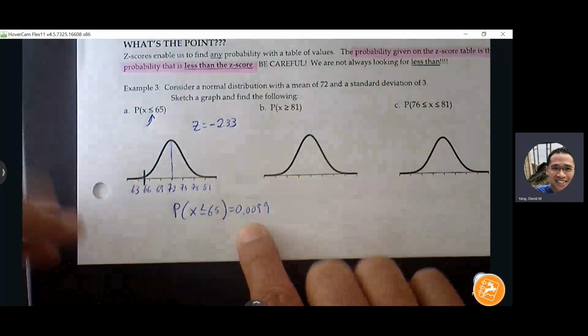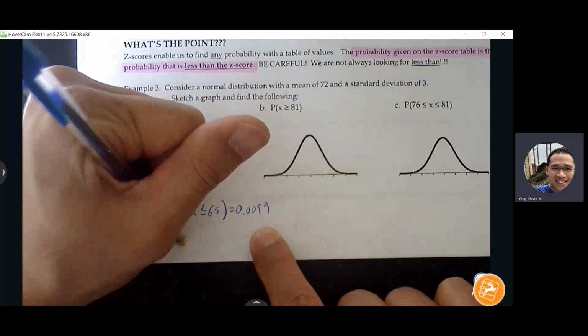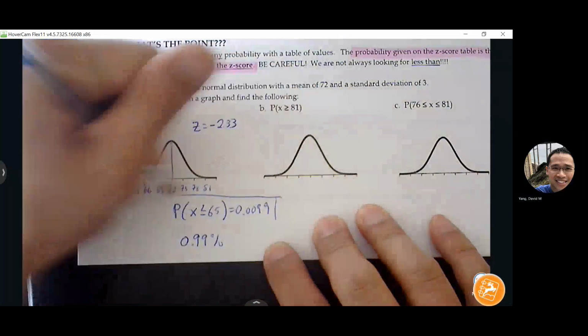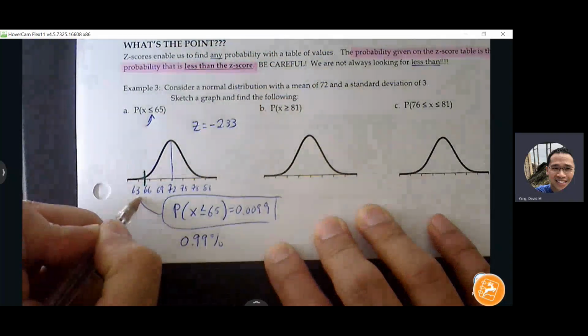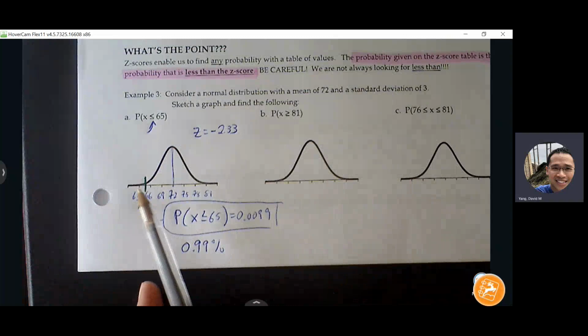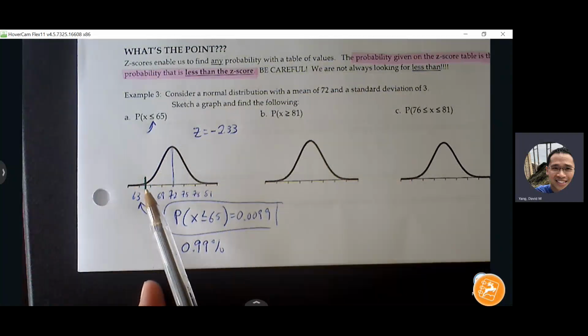Now, if it's asking for a percentage, then you can say 0.99%. That kind of makes sense, right? We're looking to the left of that 2.35%, so it makes sense that it's going to be in that 1% range.